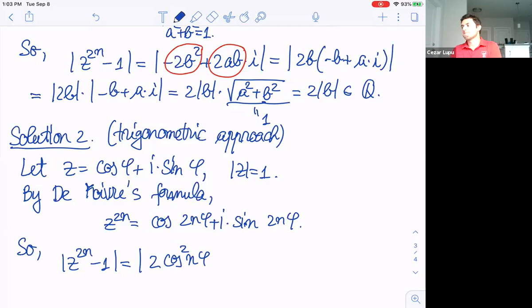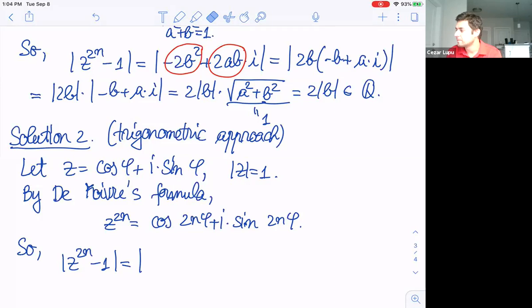Let's see. In fact, you know what? 2 cosine of 2n... Because the computations will be similar, so it will be 2 cosine squared.